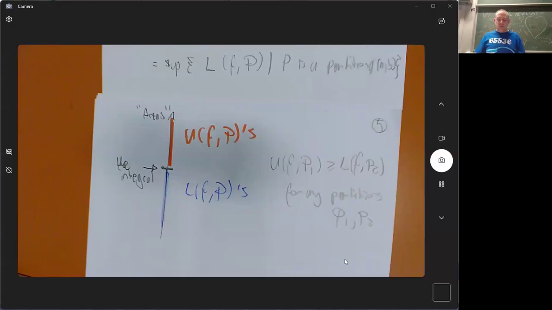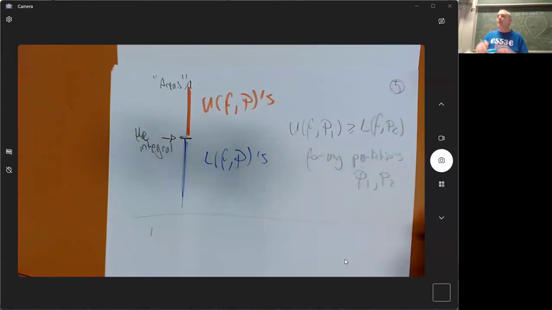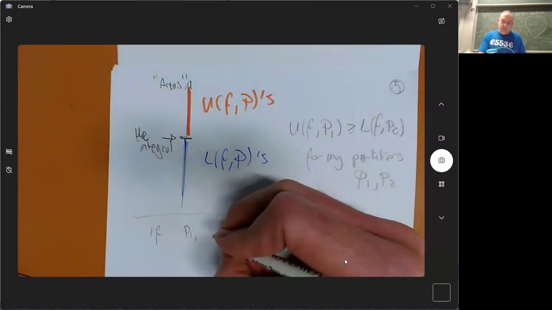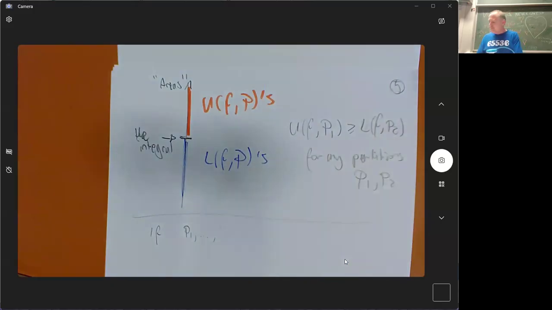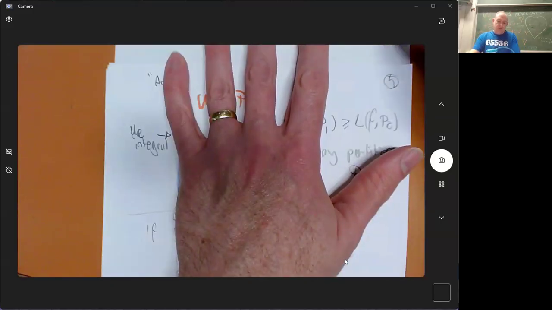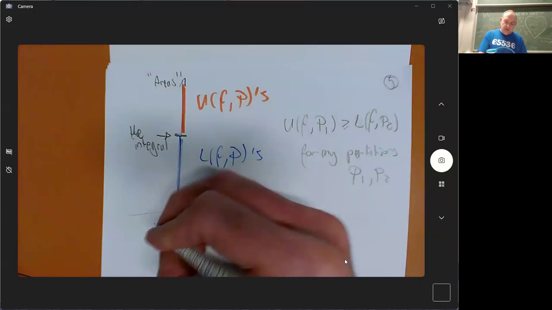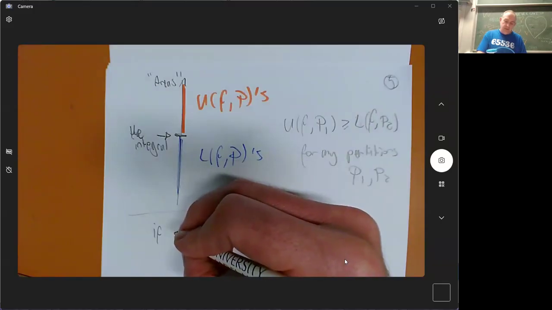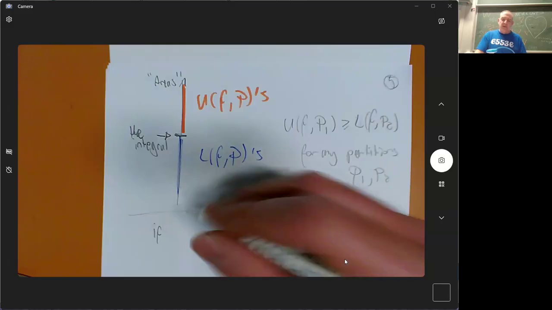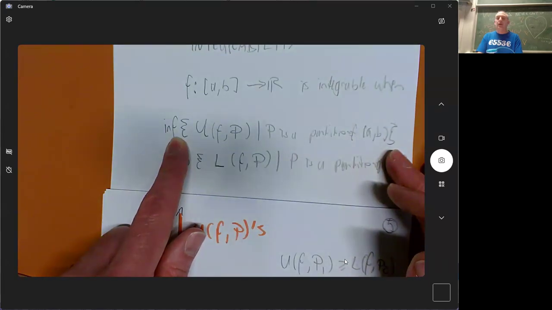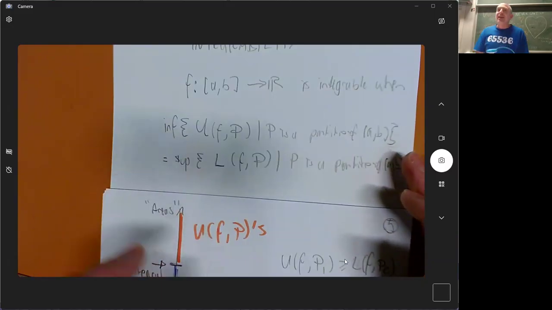This is a corollary somewhere. I'm just going to try and say all the things that we've just said. Does this thing have a notation?